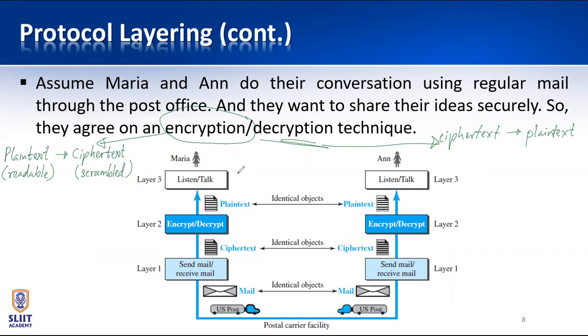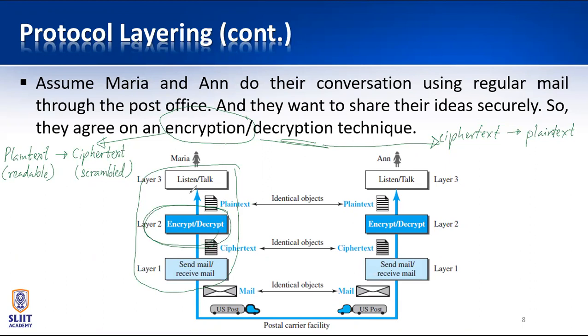So they have a new requirement. If you try to combine all of these things together and consider them as one single layer, and there's a problem in one of these layers, like the encrypt and decrypt layer, it will be a problem for the whole process. You can't handle it individually, right?